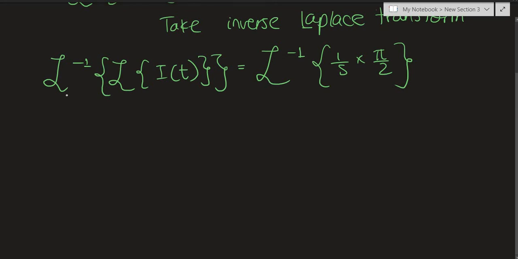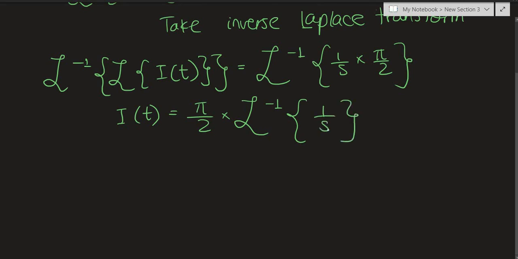So inverse Laplace of the Laplace transform, they're going to mutually cancel each other off. So you just have I of t simply. But one of the properties of the inverse Laplace transform is you can take a constant outside. So pi over 2 can be taken outside times the inverse Laplace transform of 1 over s.